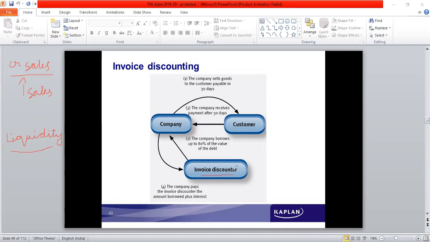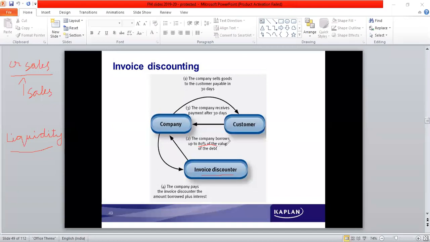So as against the invoice, amounts are collected. The invoice will be presented to a financing institute, wherein they can get the amount whatever is due from the customer from the invoice discounter. So the company presents the invoice to the invoice discounter, and as against the invoice, the company borrows up to 80% of the value of the debt.